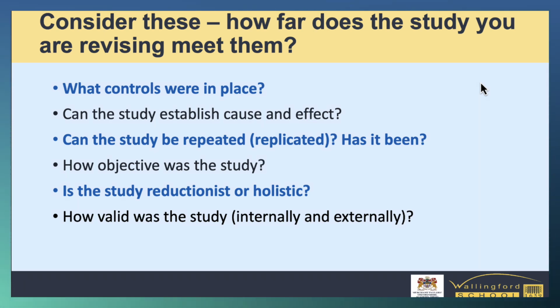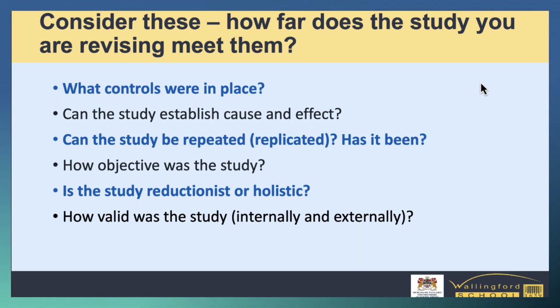We should also think about how valid a study is, and we need to look at both internal and external validity. Internal validity is things like the controls that are in place, so particularly for experiments in a laboratory.